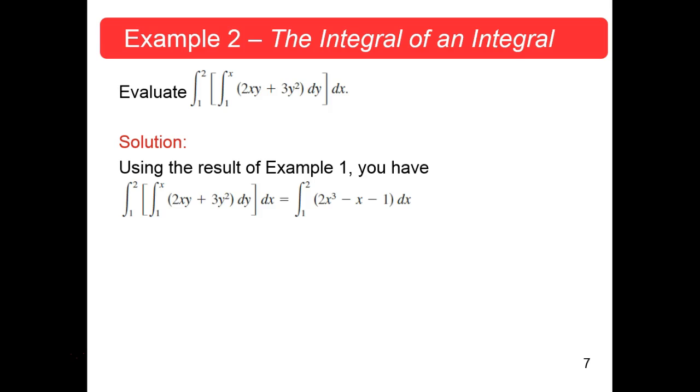So then we got this, and then when you integrate this with respect to x, that goes up by 1. 4 divided by 4, so it's 2x to the 4th over 4, which is 1x to the 4th over 2. And this becomes minus x squared over 2, and this becomes minus x, right? That's how you do your antiderivatives. Okay, and then you evaluate that from 1 to 2.